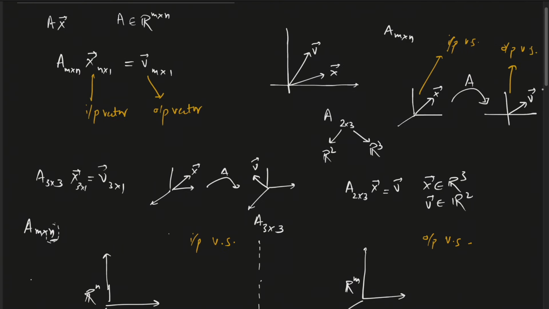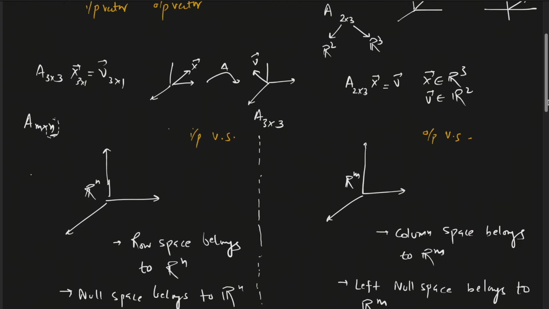Okay, so this is what a matrix is doing. A matrix of size M cross N is taking a vector belonging to Rn and mapping it to Rm.